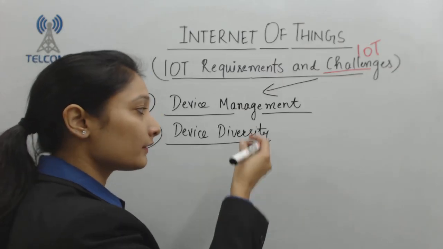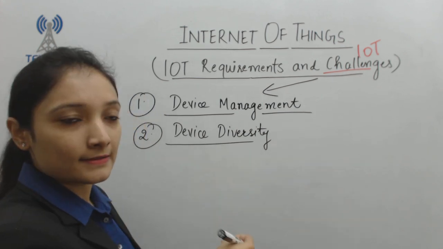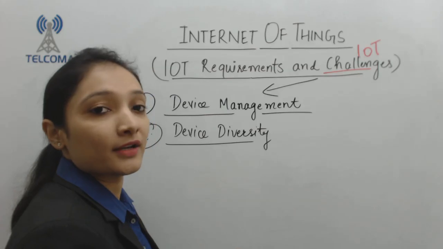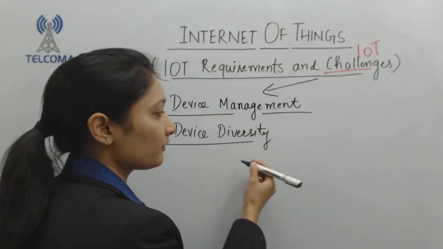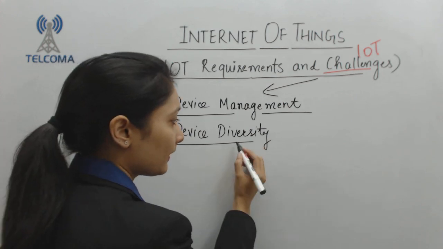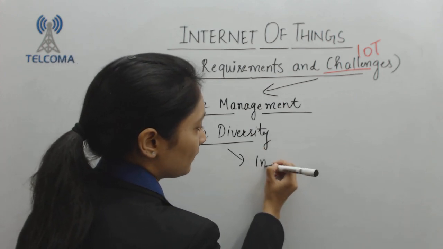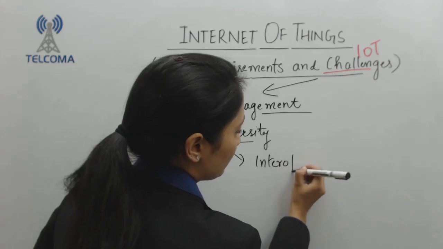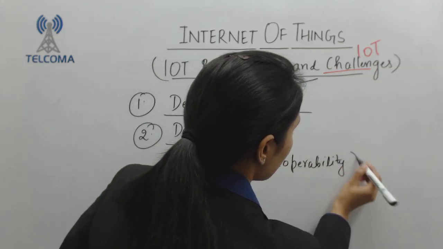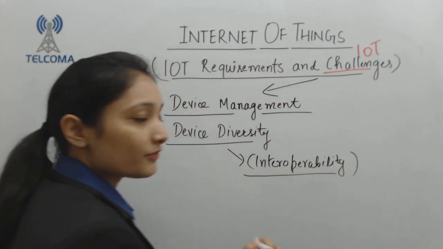First of all, there will be a variation in the type of devices. Then there will be a differentiation from the vendors, because there will be different equipment coming from different vendors. So that will lead to a question mark whether these devices are interoperable with each other or not.